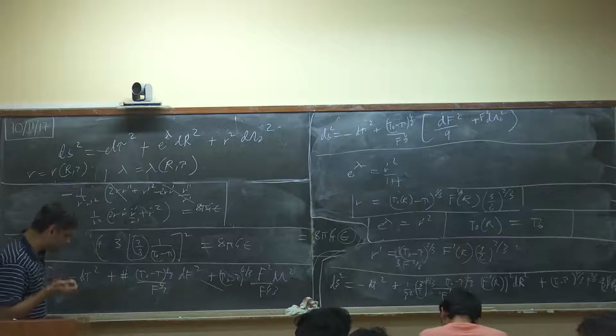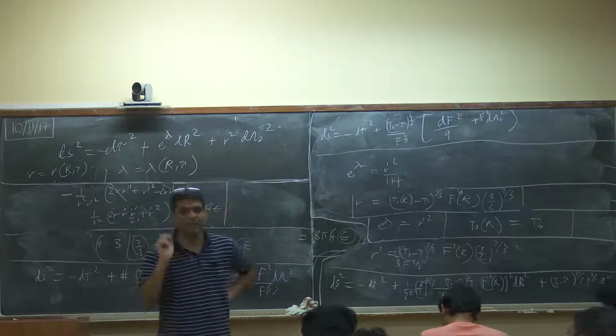Well, certainly f is equal to 0 and tau 0 of r equal to constant.